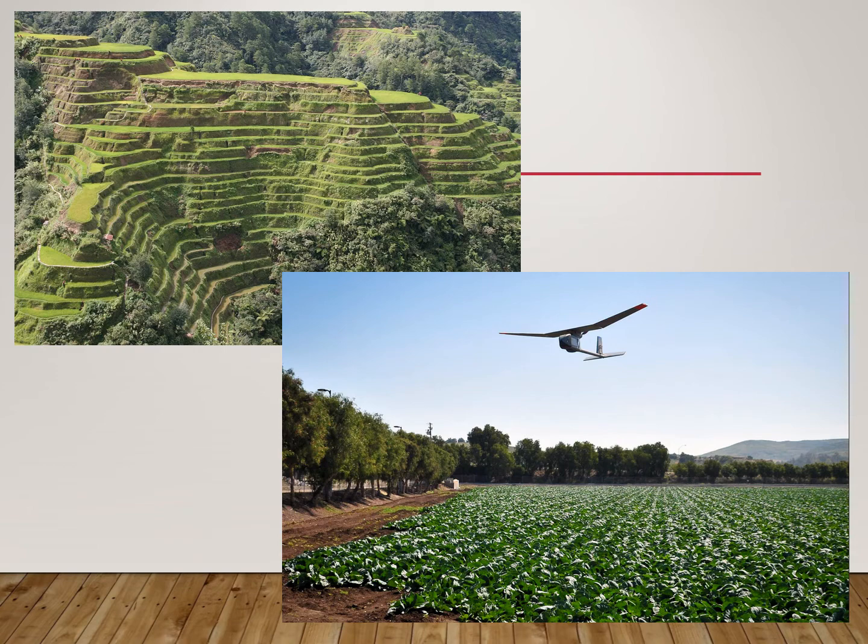Here, a drone is used to take thermal images to determine which areas of the field need more and which need less water. So it helps them to use resources more specifically or more dynamically, where it's changing from place to place and time to time.